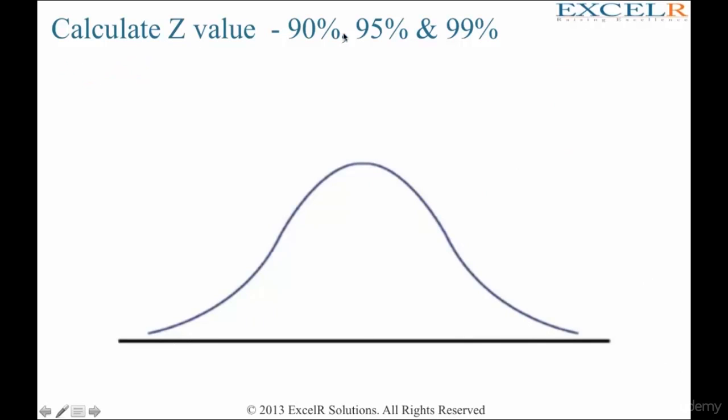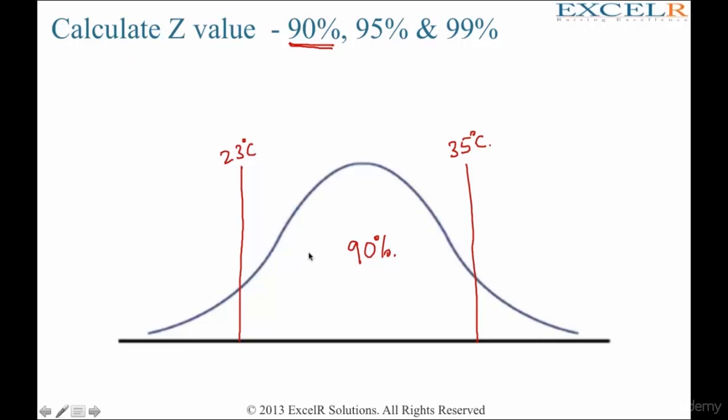What if your management walks up to you and says, hey, I want you to come up with an interval estimate for the sales or for the temperature with 90% confidence? Then once again you need to calculate that for 90%. Assume that you have come up with temperature as 23 degrees Celsius and 35 degrees Celsius.